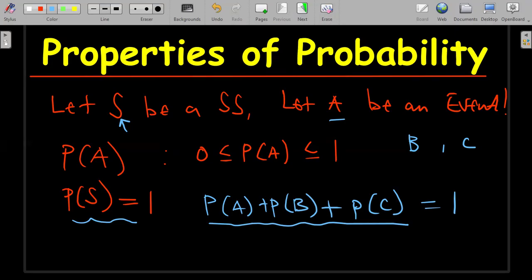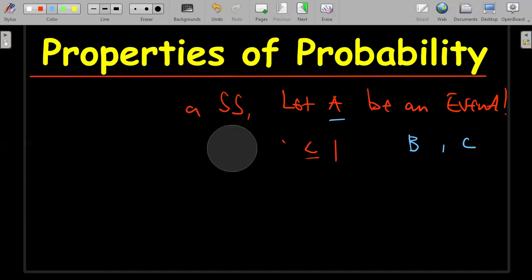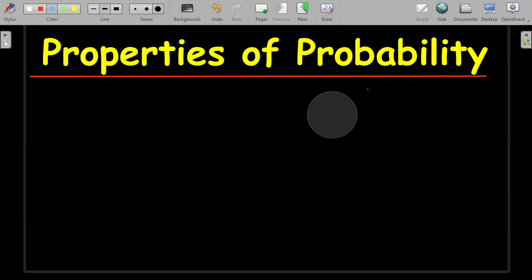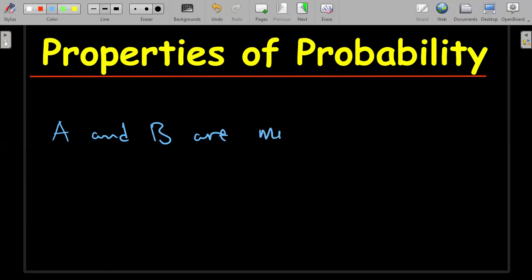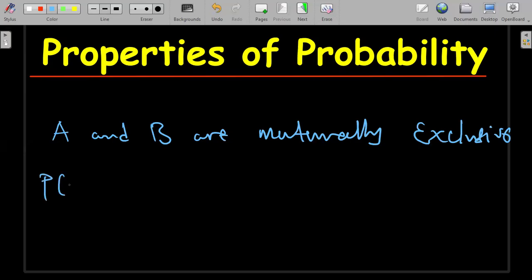And then from there, we can talk about another property, which involves mutually exclusive events. If you have any questions, you're free to just unmute yourself and ask. This property says that if events A and B are mutually exclusive, then the probability of A intersection B will just be equal to 0.